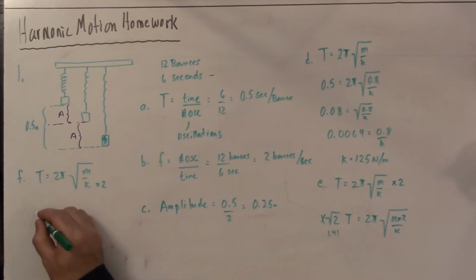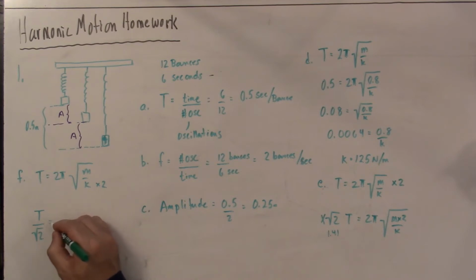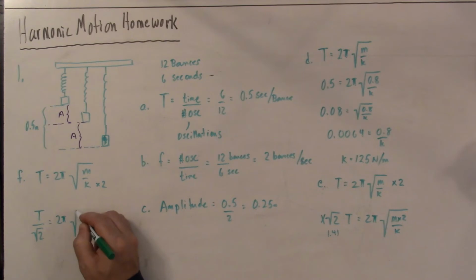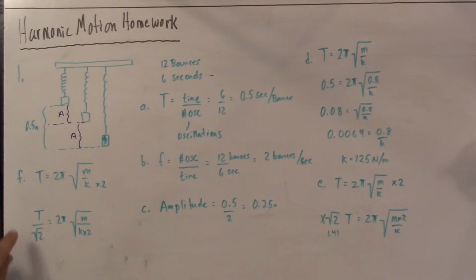So what would happen over here? The period would be divided by root 2, because when you multiply k, it's underneath the square root, and the sides have to be equal. So what would happen in the period if you double the spring constant? It would decrease by a factor of root 2.